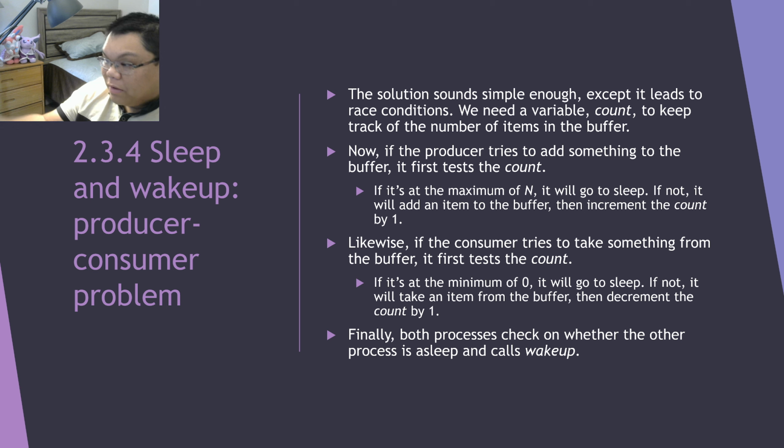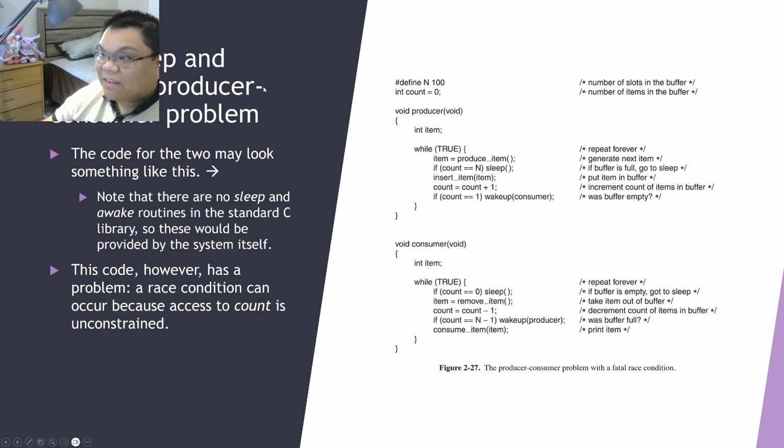Of course, both processes check on whether the other process is asleep and also call wake up if that's the case. So if one process tries to do something at the buffer but can't, it goes to sleep. The other process comes in, does something with the buffer, and wakes up the sleeping process. Sleeping process. Not Sleeping Beauty, sleeping process.